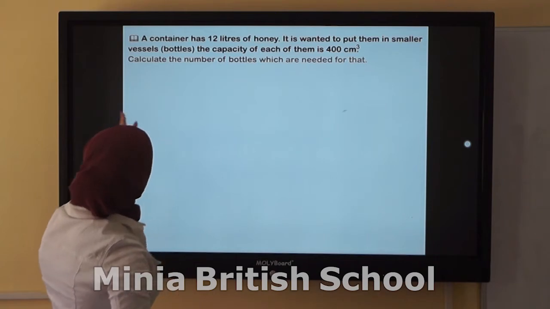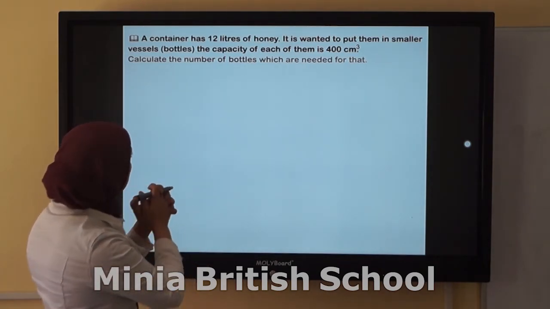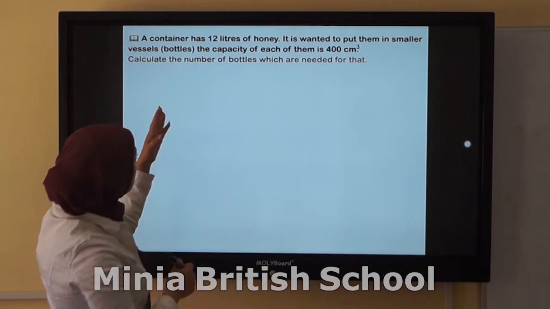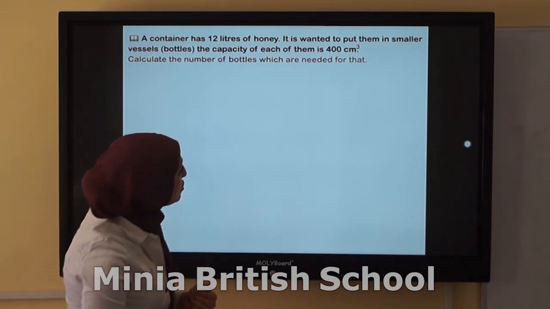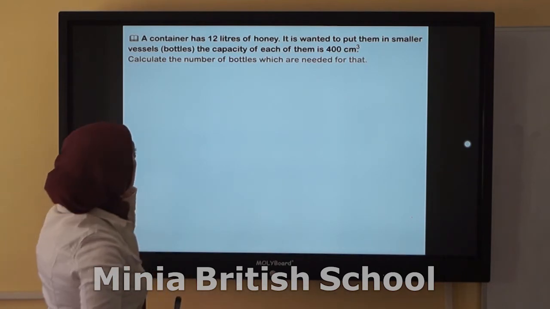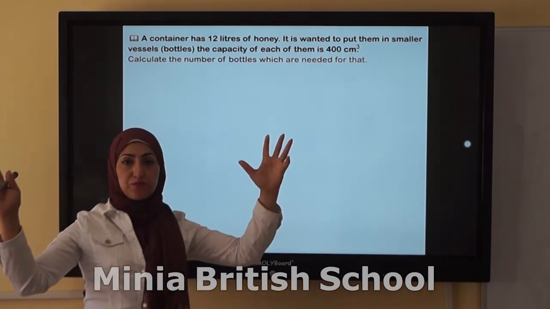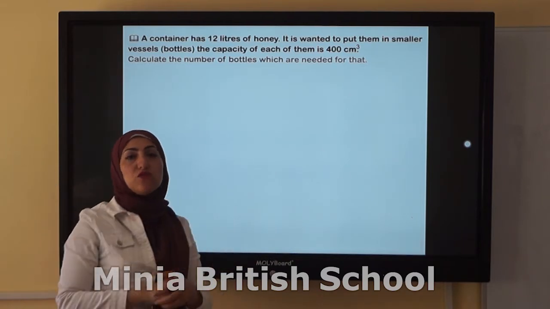So here I want to get the capacity of this container. The container has 12 liters of honey. It is wanted to put them in smaller vessels. So here I divide the big amount of honey into small vessels.